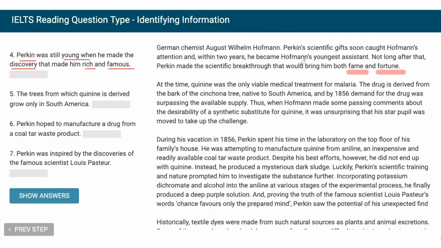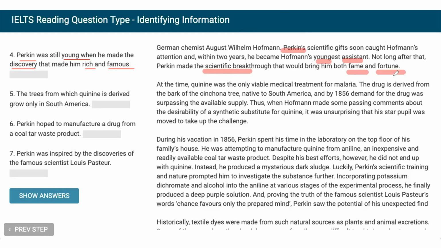Okay, so we see that Perkin was a young assistant. Not long after that, Perkin made the scientific breakthrough that would bring him both fame and fortune. So the fact that he was a young assistant and the fact that the passage says not long after that, meaning he was still young, we could say that this is true because Perkin was young when he made the discovery that brought him fame and fortune.